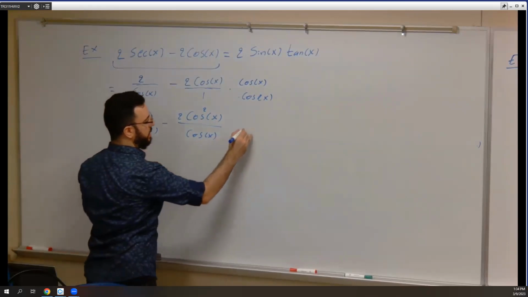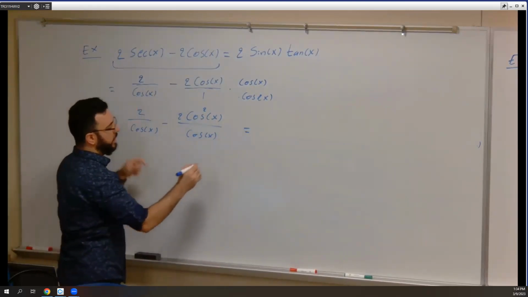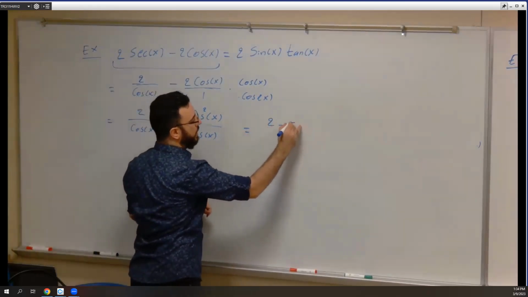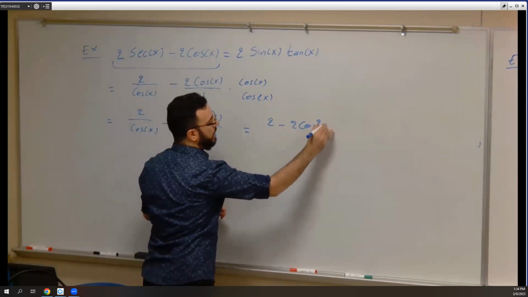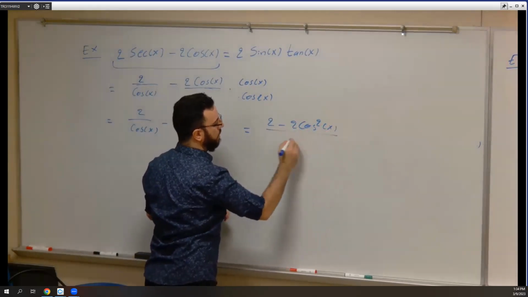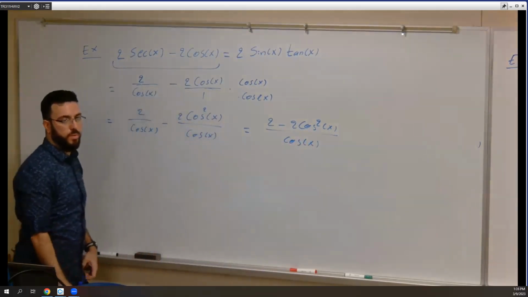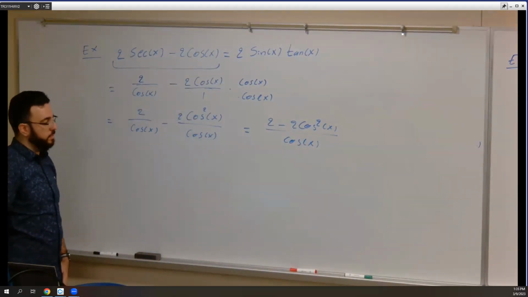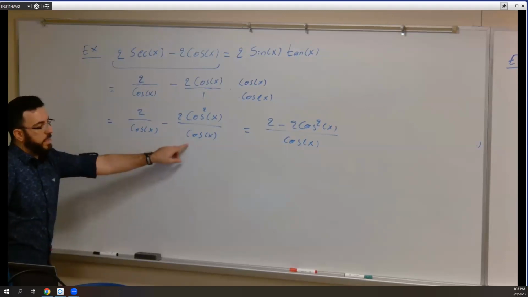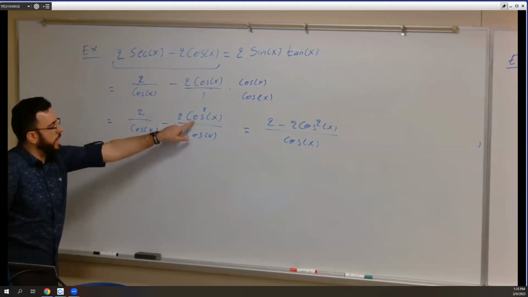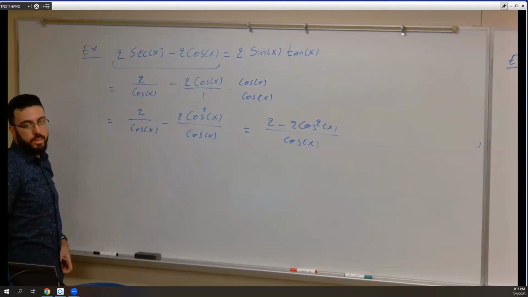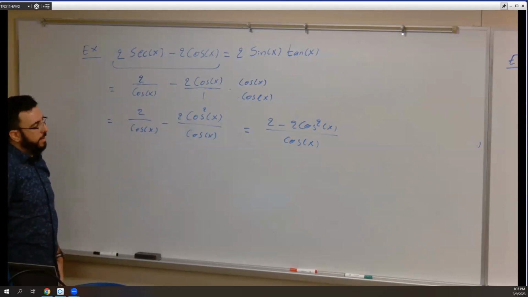Next step. That means on the top is going to be 2 minus 2 cosine square x over cosine x. Yes or no? With the same denominator, I can say 2 minus 2 cosine square x. Yes or no?